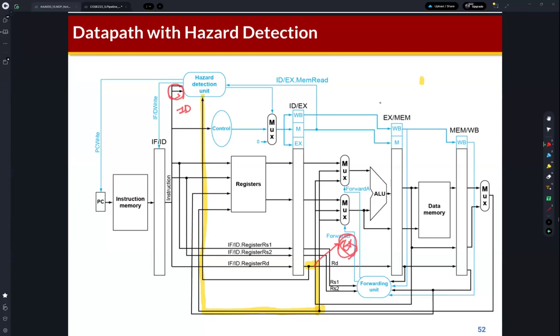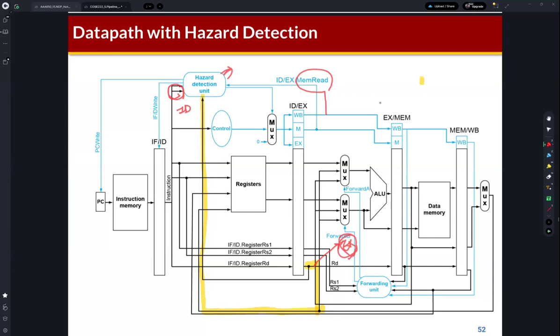And then the memory read signal is also required, because the load instruction is in the EX stage, so we can check the memory read. So the hazard detection unit detects the load-use data hazard.